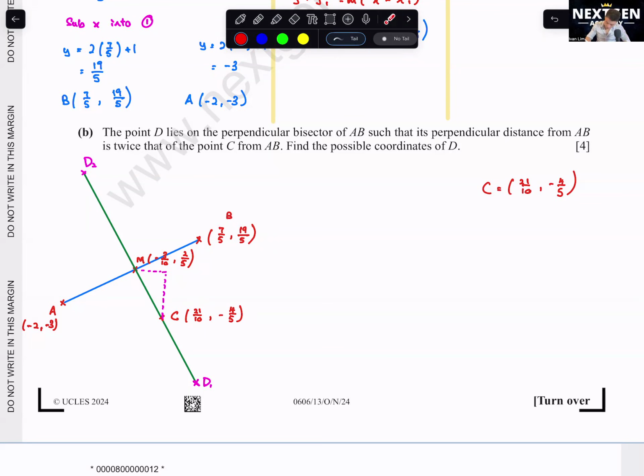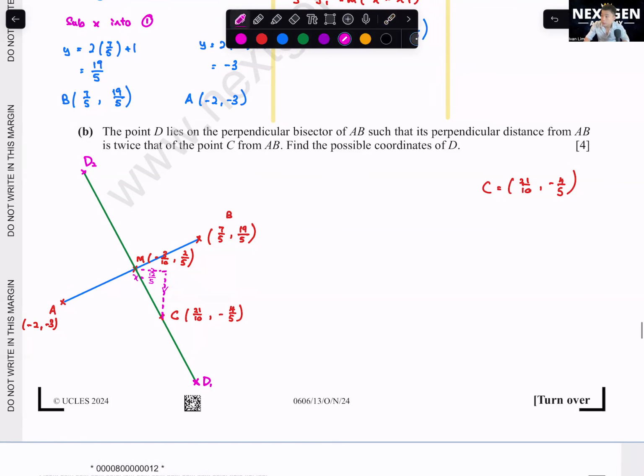You all see the distance here? The x distance is 12 over 5. Then going down, from 2 over 5 to negative 4 over 5, negative 4 over 5 minus 2 over 5, so y is negative 6 over 5. We just write 6 over 5 like that. So going to the right and going down.